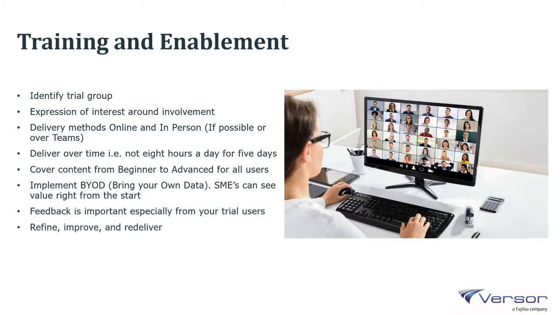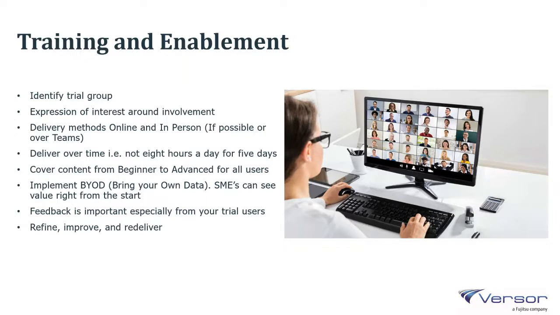So what we sat down and did for South32 was identify a trial group of users, because you're not going to push this out to everybody all at the same time. What you're going to be doing is saying, hey, let's select 20 SMEs in the business and see how they can take it forward and provide feedback on the training so we could adjust the training for other users moving forward.